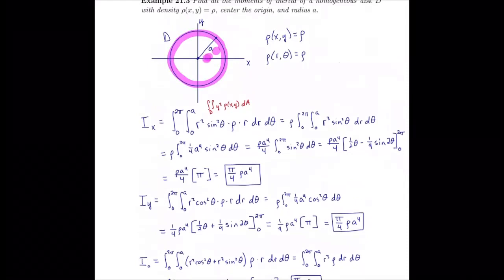So if each of these dots was a mass of equal size, the further we get away from the origin and we want to rotate about the origin, the more resistance there is to that, the more force is required to overcome the fact that it's not moving, or to stop it.